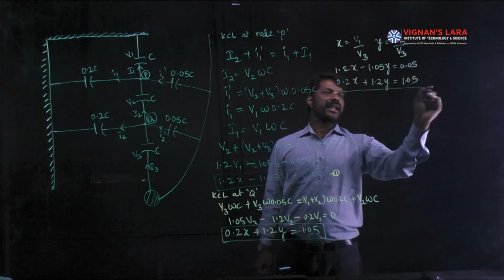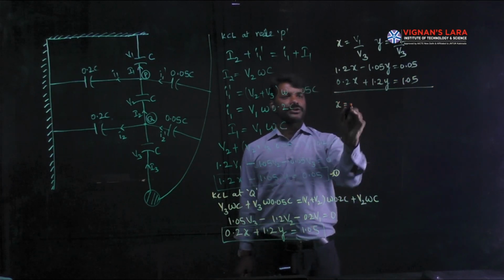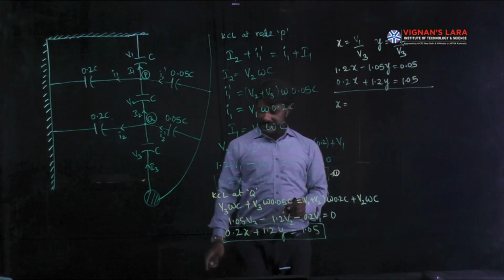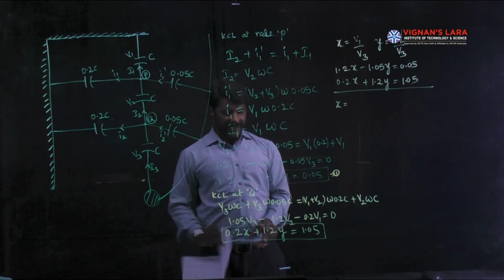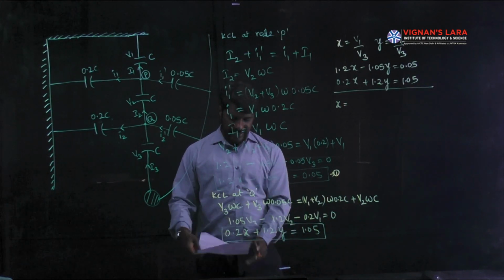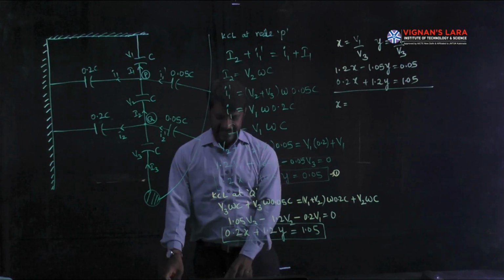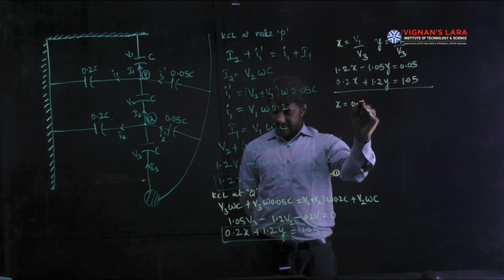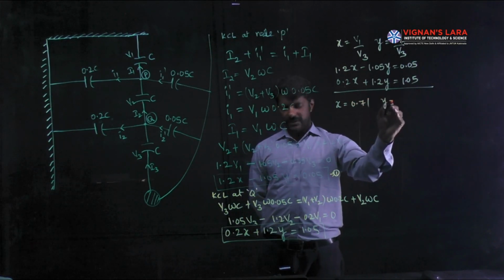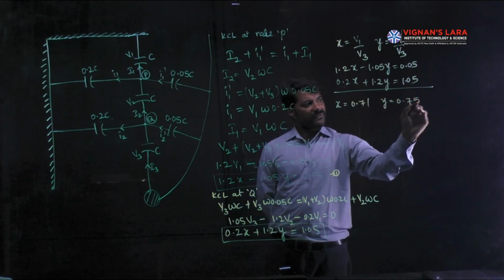Simplifying these two for x and y, we get the magnitudes of x and y: the x value is equal to 0.71 and the y value is equal to 0.757.